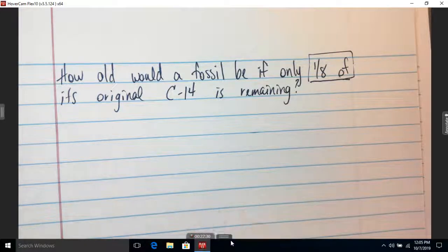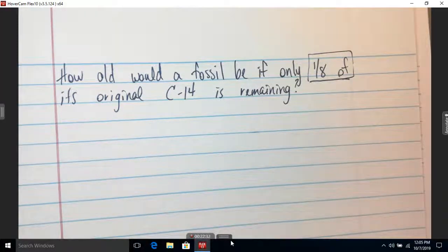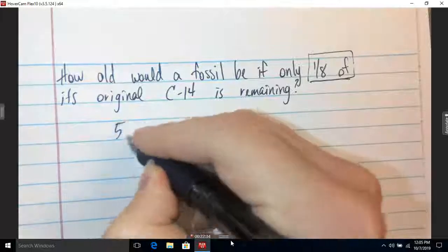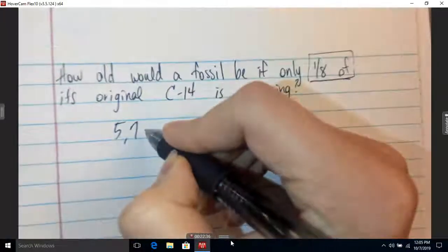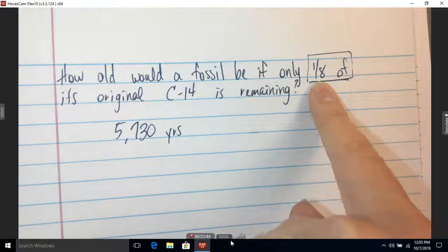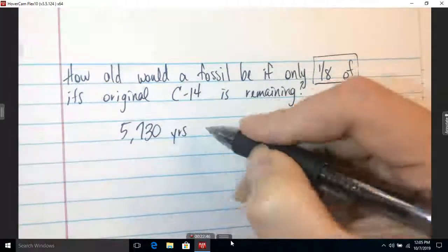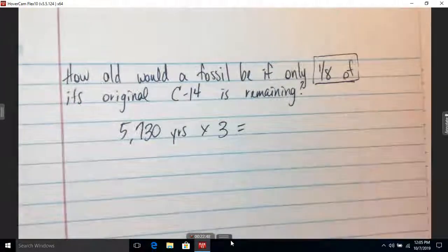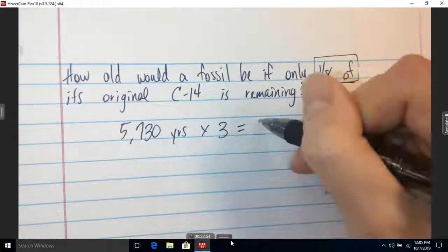What is 1 half-life of carbon-14? 5,730 years. How many half-lives is 1/8? 3. I told y'all it's the same exact thing. I just wrote it differently.